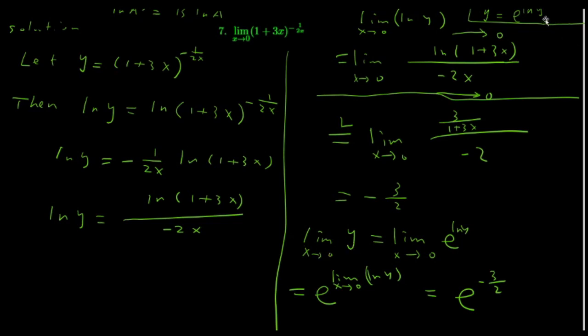You use that identity, which means that equation is always true, to get the answer to the limit of y. That is the whole story. So put that in the notes.